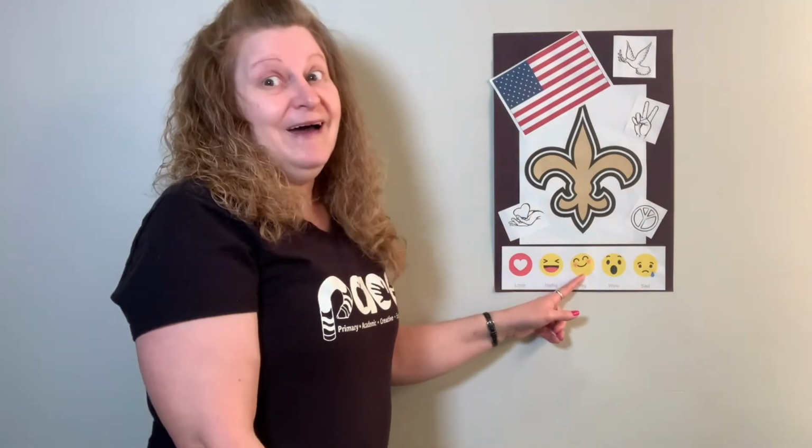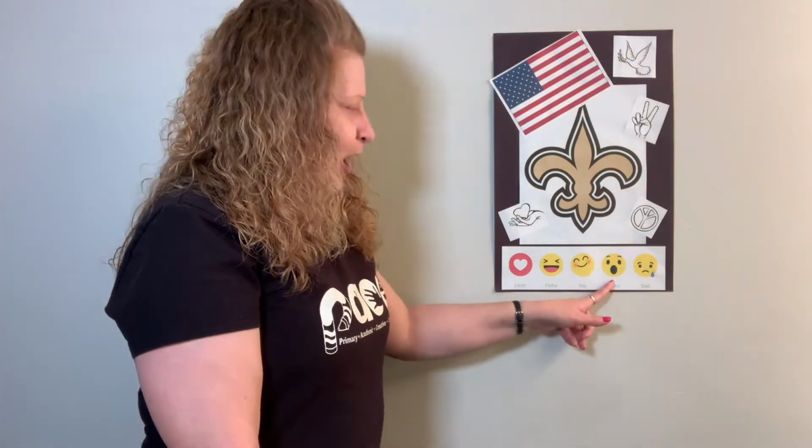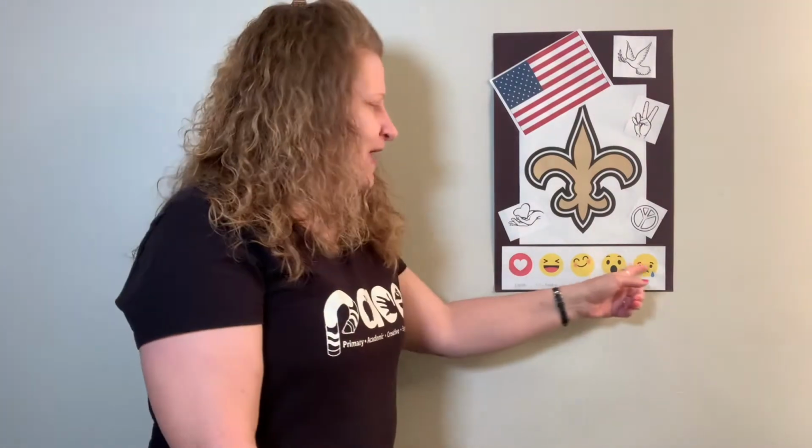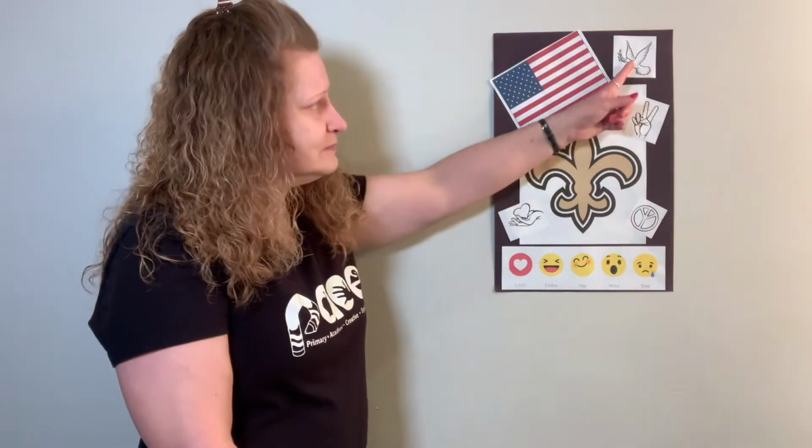And how about, yay! Wow. Or sad. So these are symbols that we usually use when we're texting or maybe even on Facebook. So these are symbols you probably recognize.